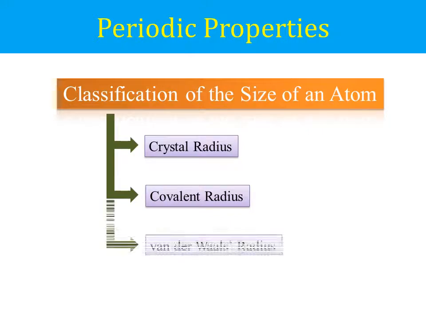The third one is called the van der Waals radius. So these are the three major classifications of the size of an atom in terms of atomic radius. Atomic radius is a general term, which is classified as crystal radius, covalent radius, and van der Waals radius. We are going to analyze each and every radius individually. Okay?